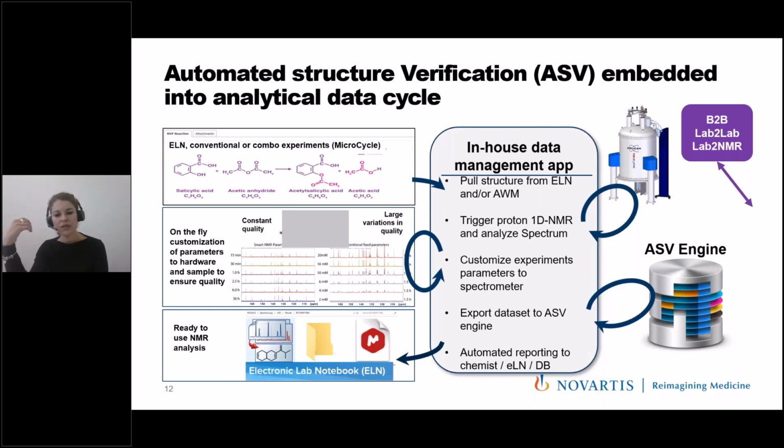Once the results are available, they are exported to the ASV, and the result, which is hopefully a structure proposal, a confirmed structure, is then directly reported to the chemist, to a database, or to ELN based on our needs.